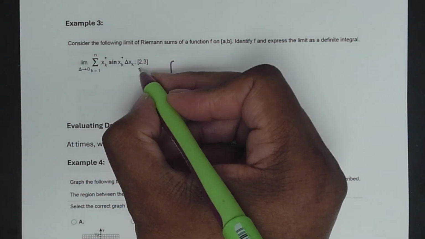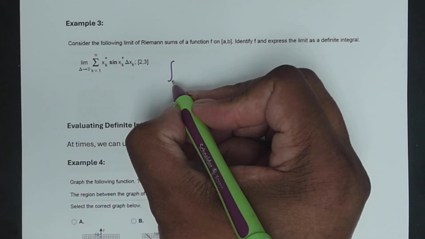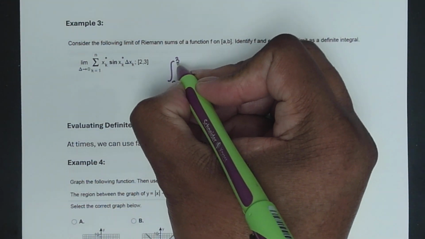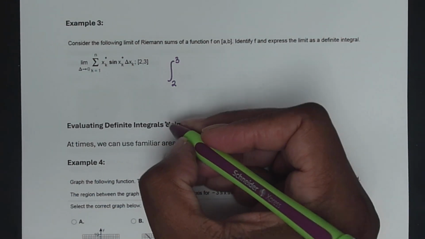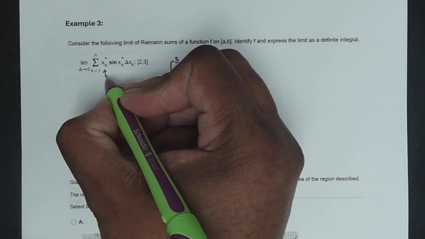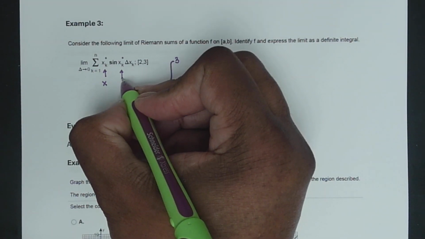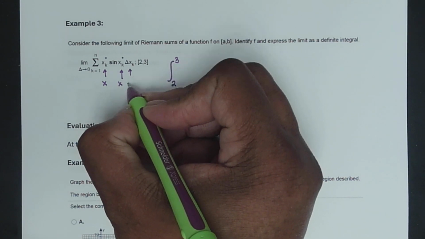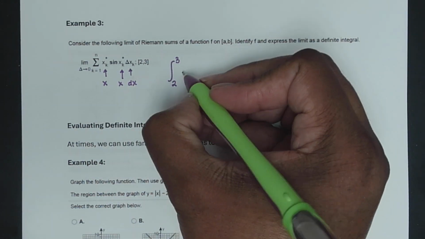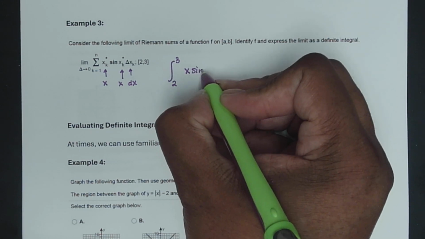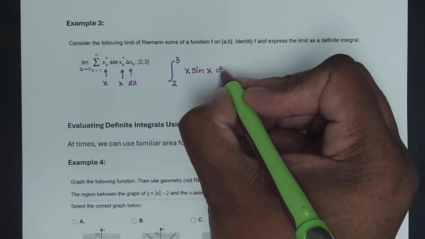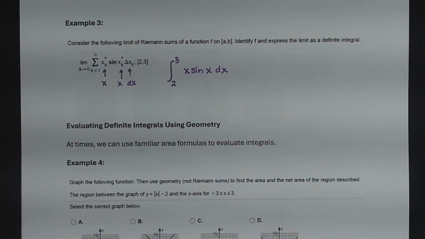So it'll be the integral from 2 to 3, the 2 has to go on the bottom, the upper limit is on top. This represents x, and this is going to be x. That represents dx. So it's just going to be x times sine of x, then delta x sub k would be dx.